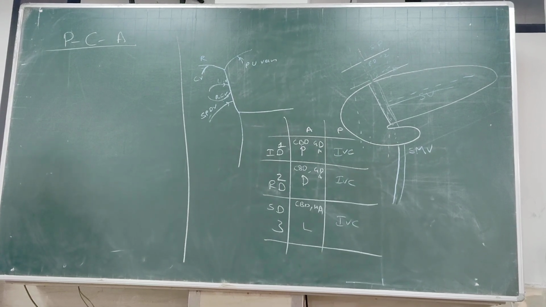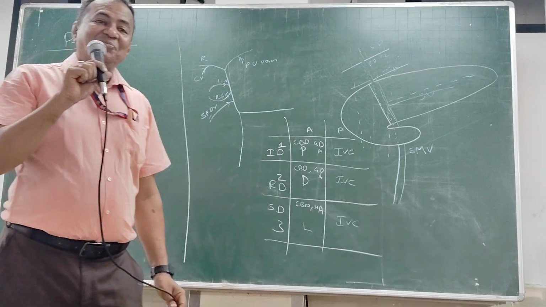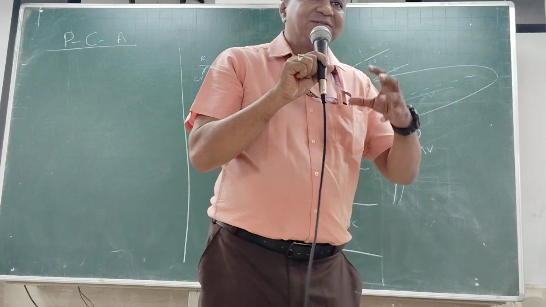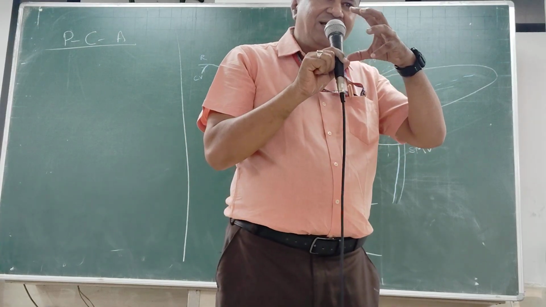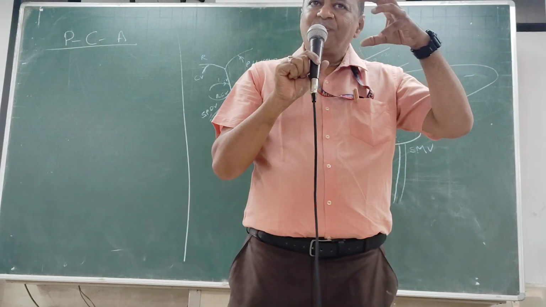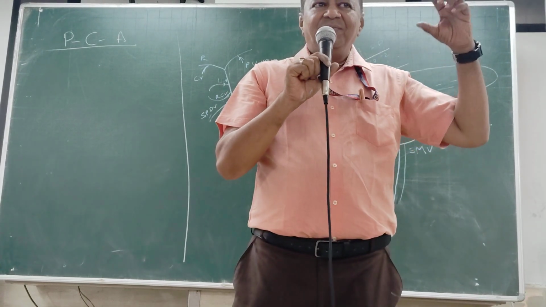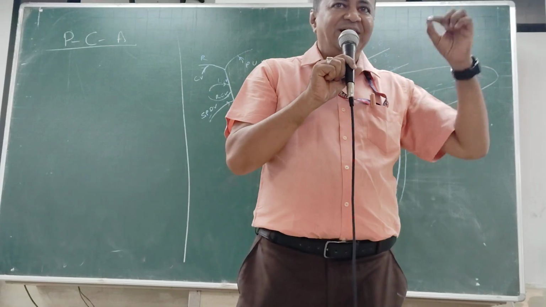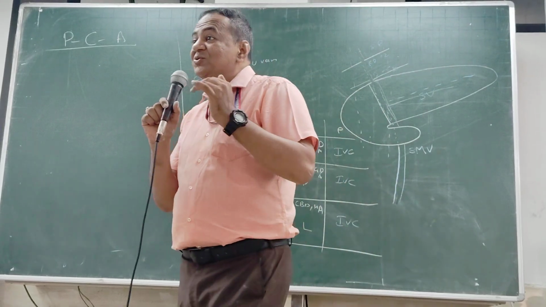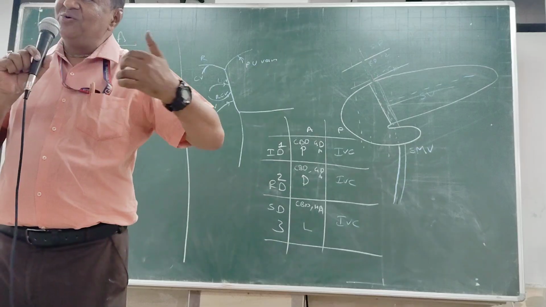So portocaval anastomosis means portal vein is draining the GIT. But some terminal parts of the GIT are also drained by veins, not draining into portal vein but draining into IVC.